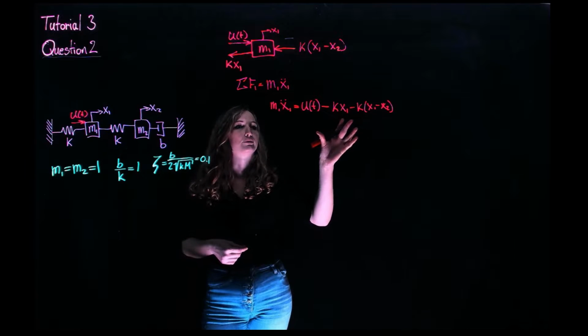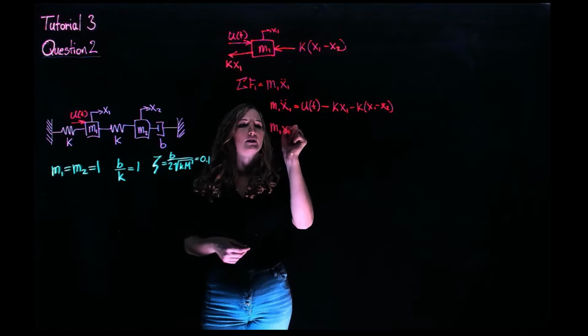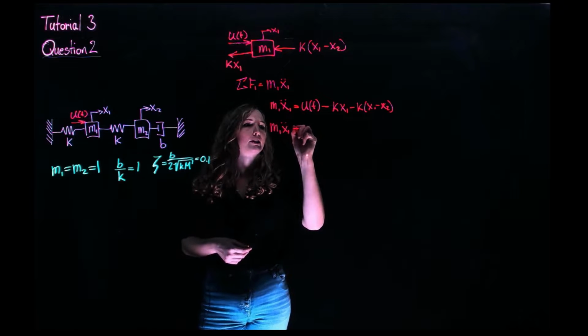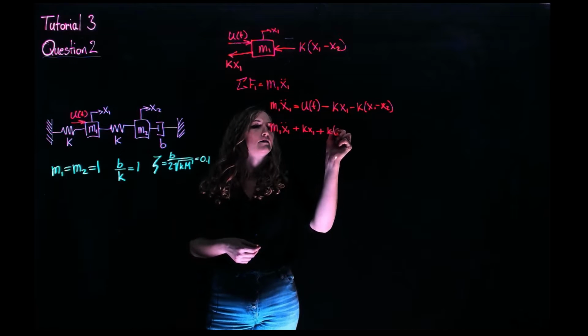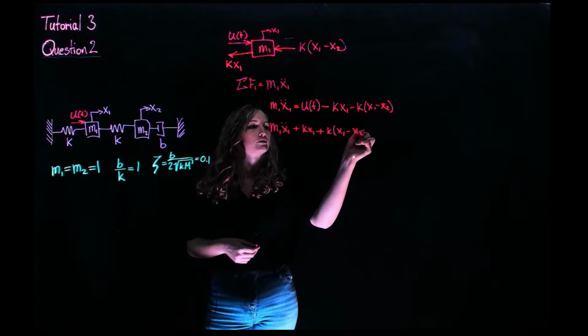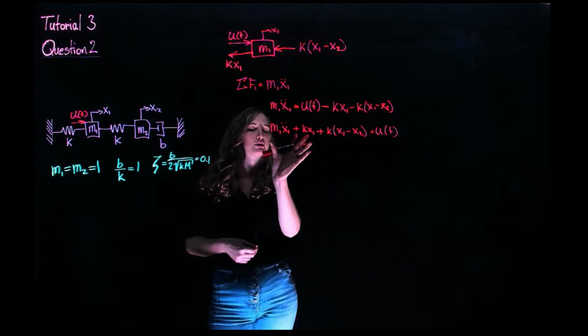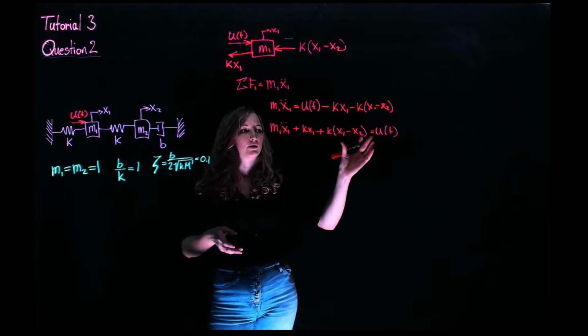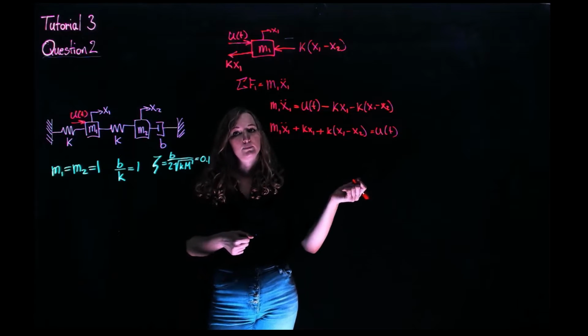So we want to rearrange this before we take the Laplace transform. So we'll have m1 x1 double dot plus k x1 plus k times x1 minus x2 is equal to u of t. So we've moved all of our outputs to our left side and all of our inputs on our right. We can take the Laplace transform now.